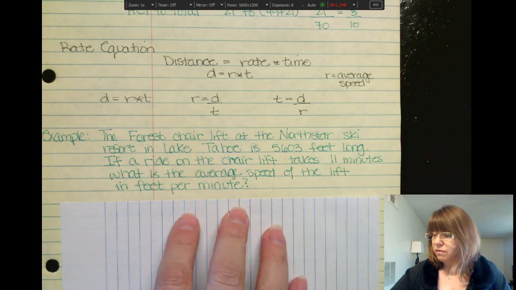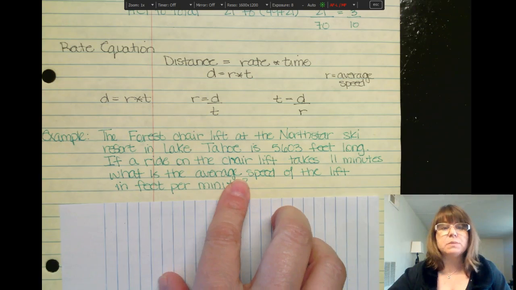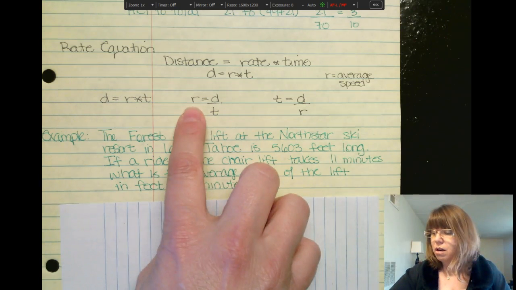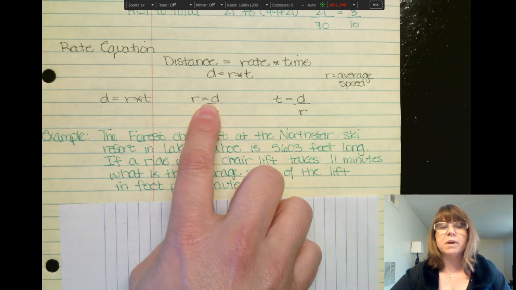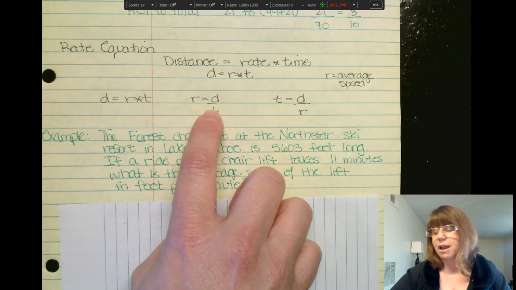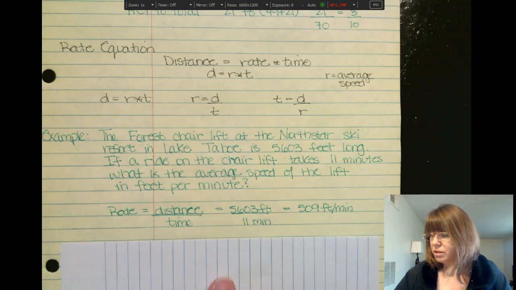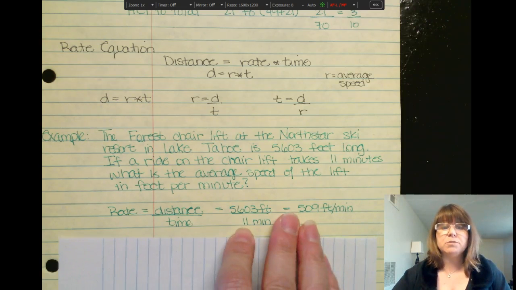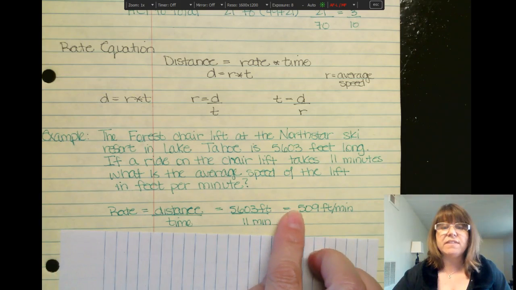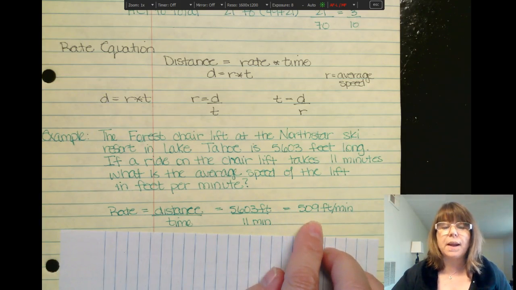Since I'm looking for the rate of speed, I'm going to use R equals D over T. My unknown is my R, so I might as well use the distance over time. My distance is 5,603 feet. My time is 11 minutes. I'm just going to do that division, which is 509 feet per minute.